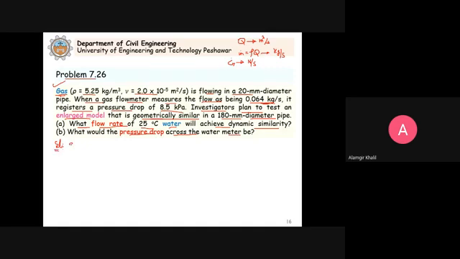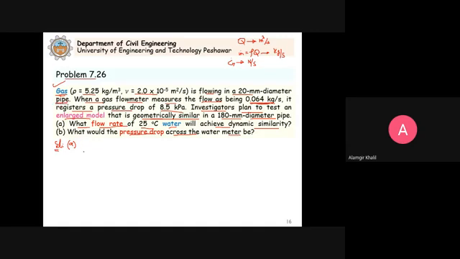Now in part A, we have to determine what flow rate of 25 C water, that is the discharge in the model, will achieve dynamic similarity when the discharge in the prototype, the mass flow rate, is given as 0.064 kilogram per second. Clear? In this case we have pipe flow.